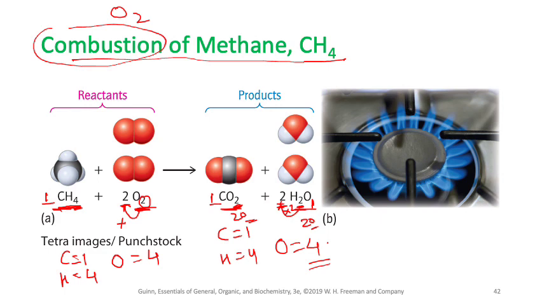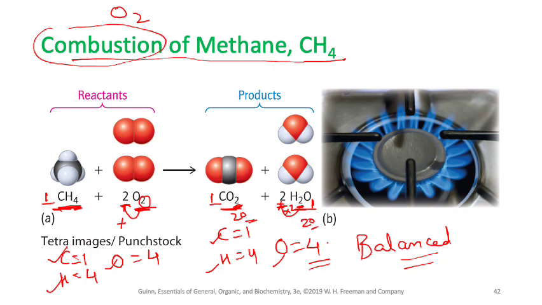So if you see, on the reactant side you have the same number of hydrogen, oxygen and carbon atoms as you have on the product side. So that means the law of conservation of mass holds in this chemical reaction, and the chemical equation is balanced. You have the same number of each type of atom on both sides of the arrow, in reactant as well as product.